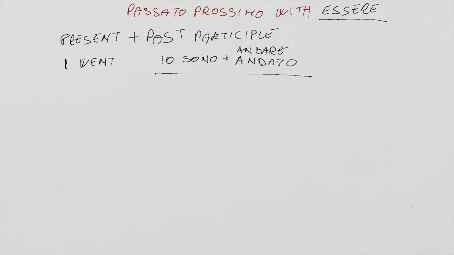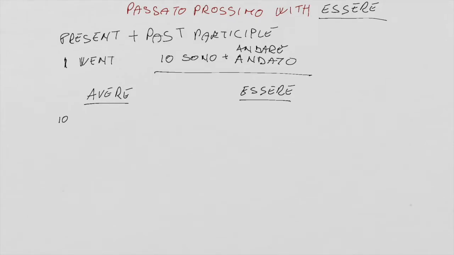Remember that the subject pronouns io, tu, noi, voi, and loro can be masculine or feminine according to the person they refer to. So let me give you an example. Passato prossimo with avere and passato prossimo with essere.